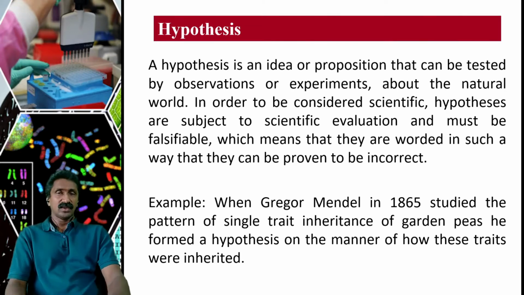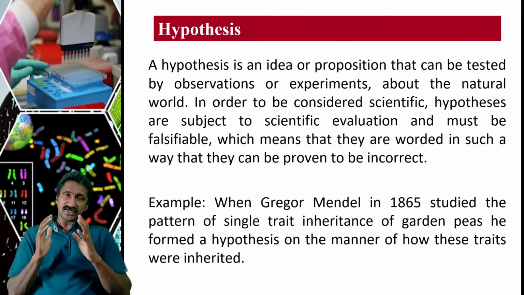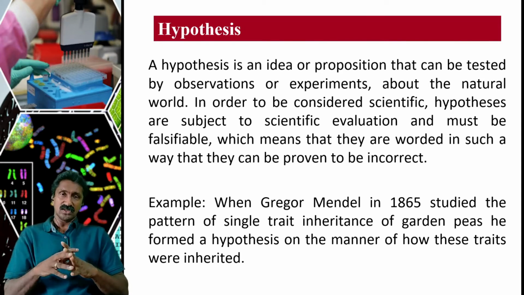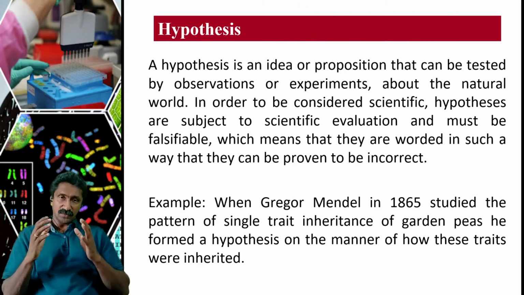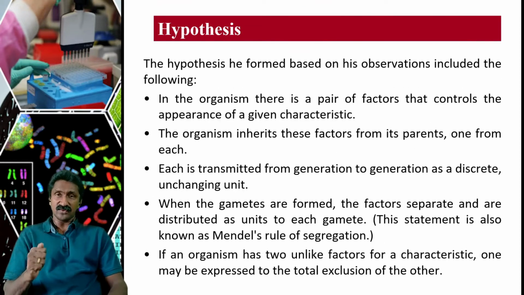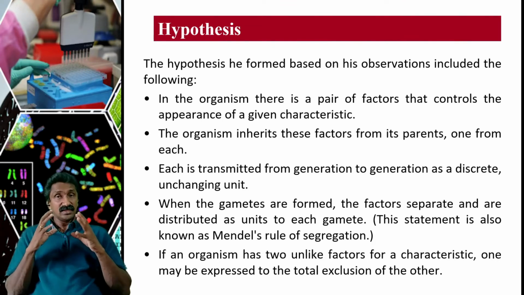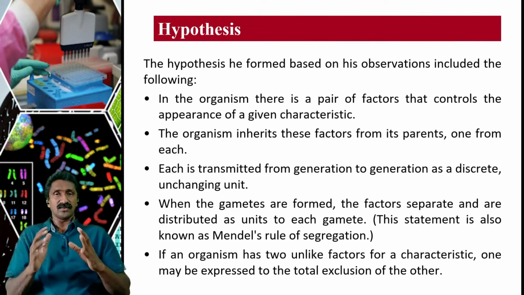For example, when Gregor Mendel in 1865 studied the pattern of single trait inheritance of garden peas, he formed a hypothesis on the manner of how these traits were inherited. So the hypothesis designed by Mendel in 1865 can be summarized something like this. In the organism, there is a pair of factors that control the appearance of a given characteristic.